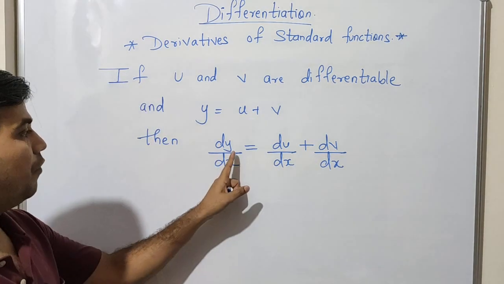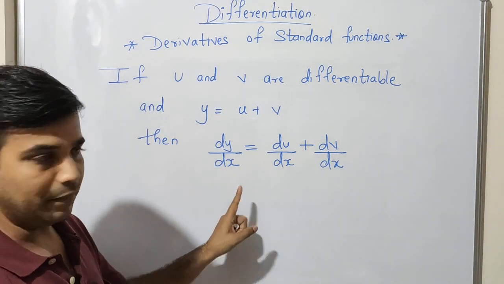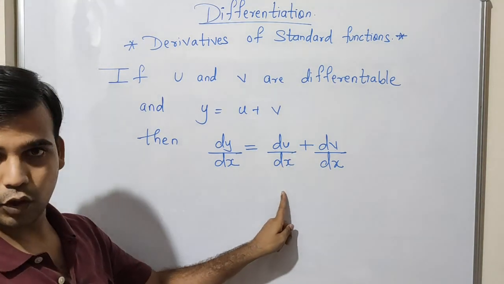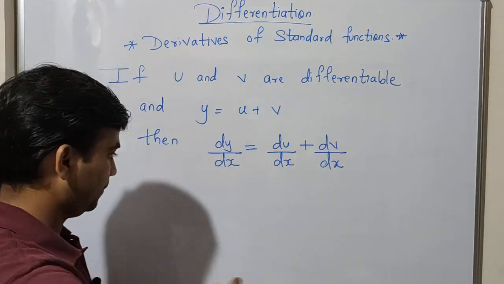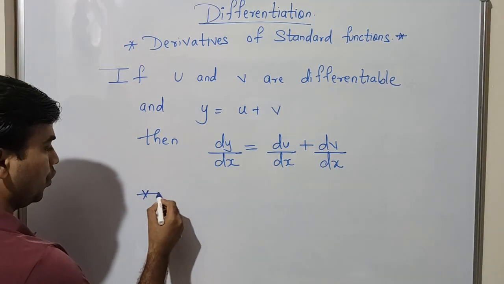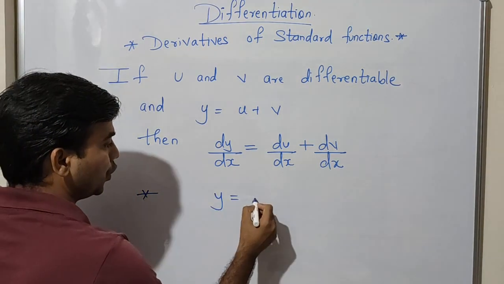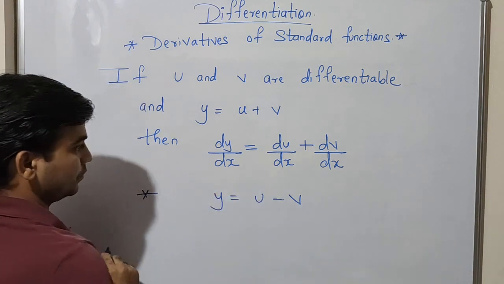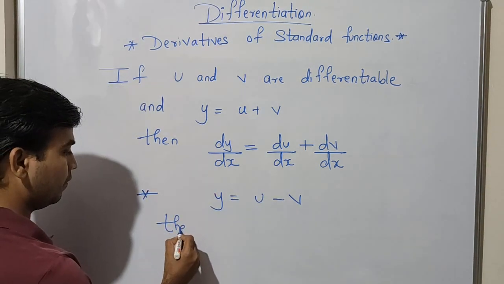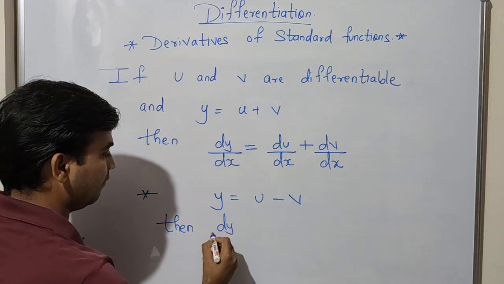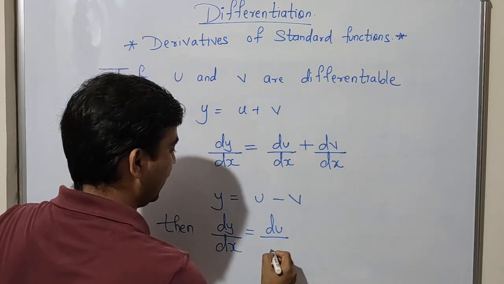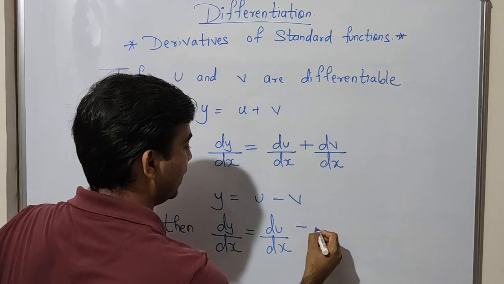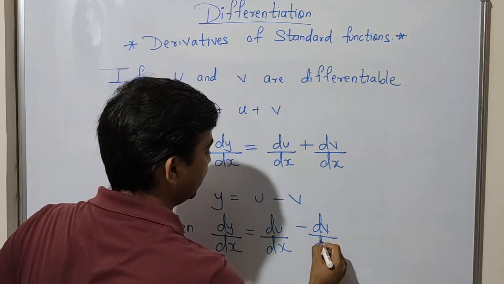That means derivative of y with respect to x is same as derivative of u with respect to x plus derivative of v with respect to x. Similarly, if y is u minus v, then dy by dx is du by dx minus dv by dx.